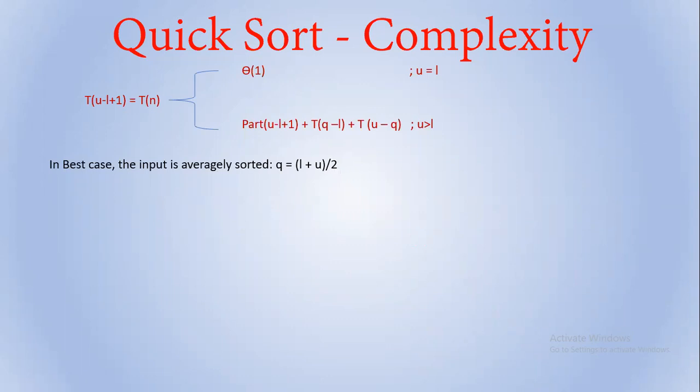That means Q will be somewhere in the middle of the input array. In the partition function, it will be divided into two sets. One set towards the left of Q will have values lower than the value at Q. Towards the right will have values higher than the value at Q.